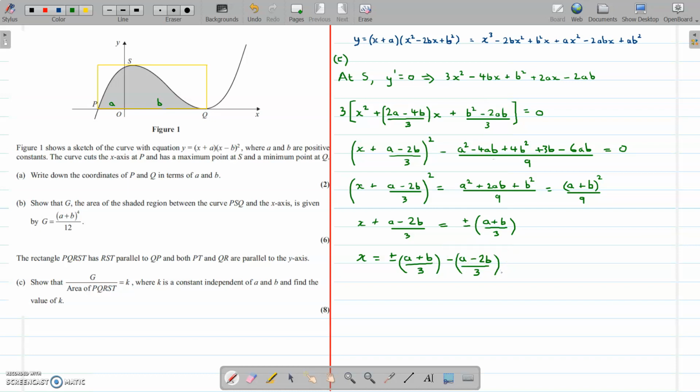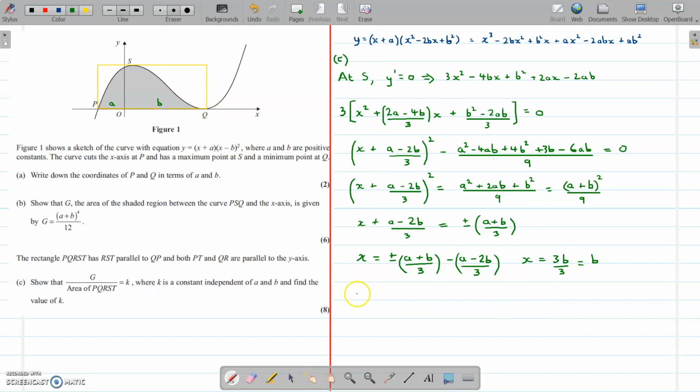Now if you explore that algebra a little bit and just rearrange it, you can get that x equals 3b over 3, which is equal to b. That's one value of x. Well, we know that because that, of course, corresponds to the minimum point.